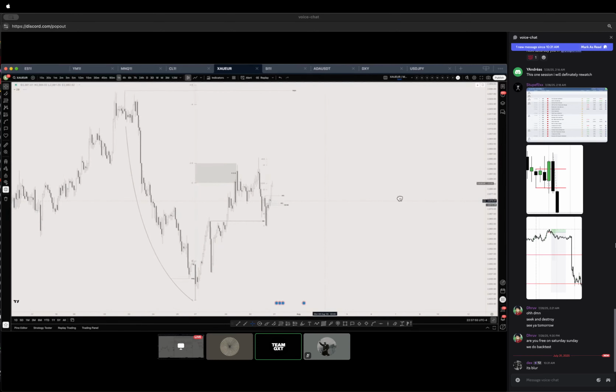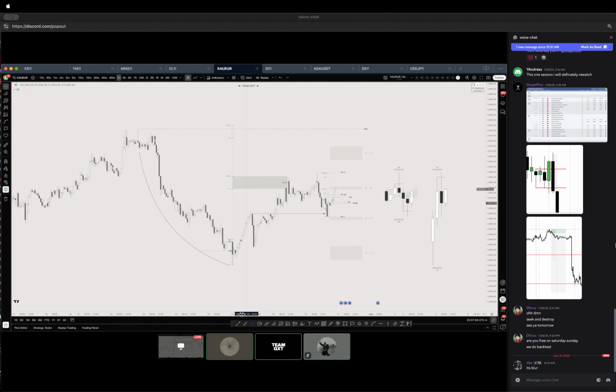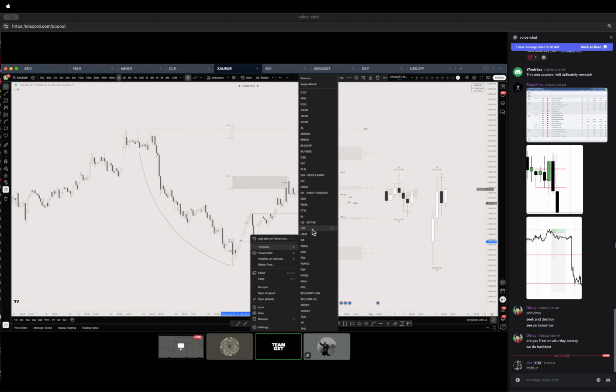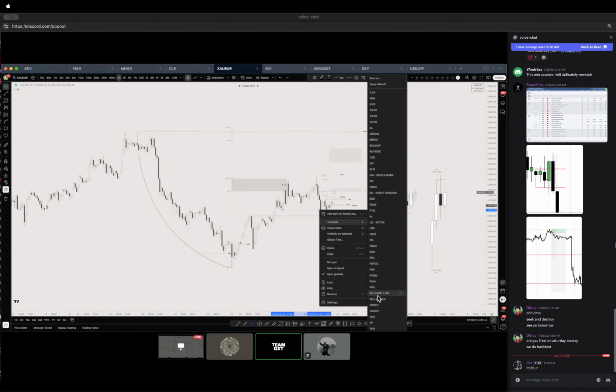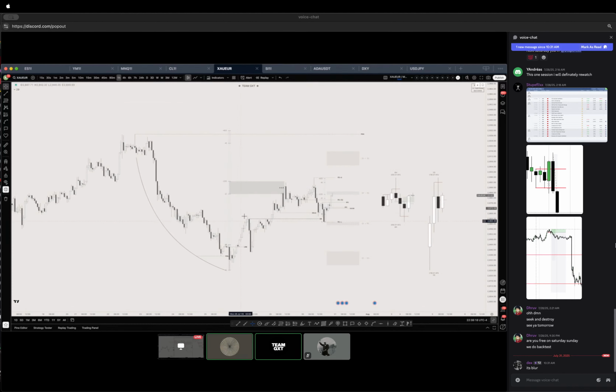So this is XE. We have a low risk buy right here, LRB. And then we have our first stage accumulation. Here's our manipulation into this IFC, basically.